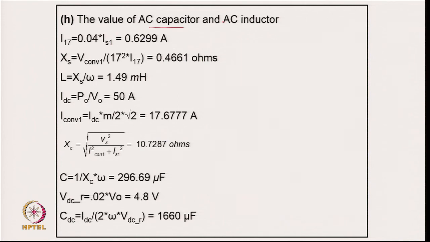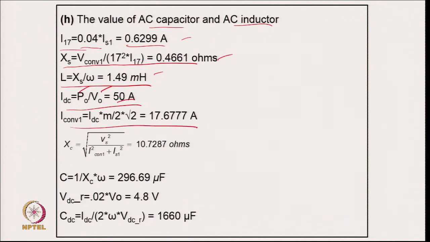And coming to the AC capacitor and AC inductor, we say the 17th harmonic is only 4% of the fundamental. So, we get the 17th harmonic and from this the reactance value, and then we can find the corresponding inductance value of 1.49 millihenry. For the DC link output current, power divided by voltage comes to 50 ampere.